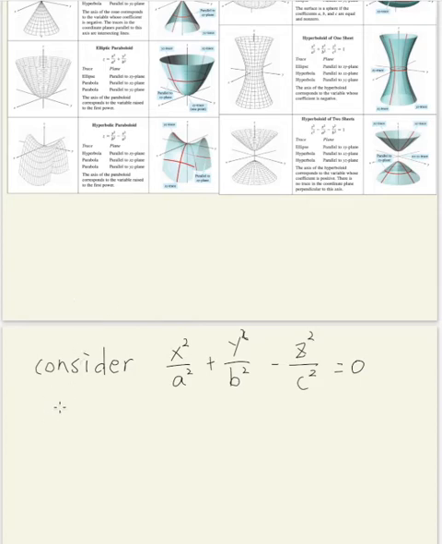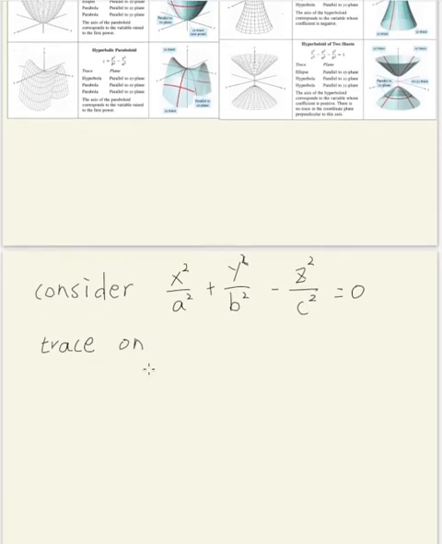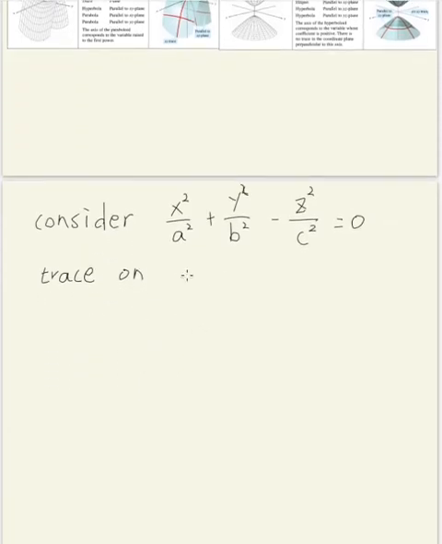So the traces on any z equals constant, say m. Okay. Let's look at this trace. Since it's on the plane z equals m, let's just plug that in there.